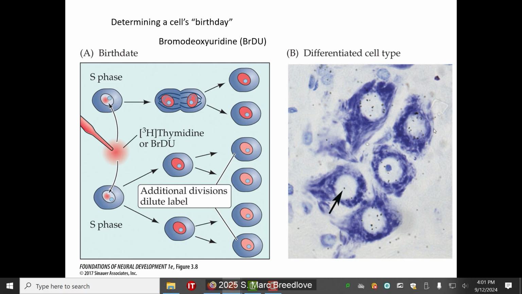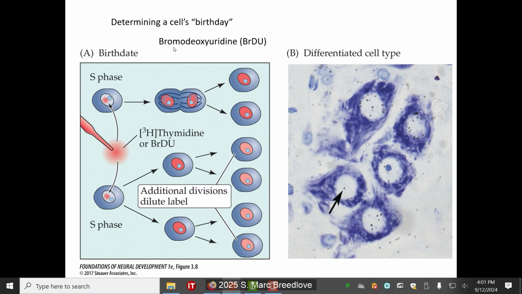And the whole business got revolutionized when people realized that there was a molecule that did not occur in nature that was enough like thymidine that cells in S phase would take it up to make their DNA, but was different enough from thymidine that you could make an antibody that would recognize it.